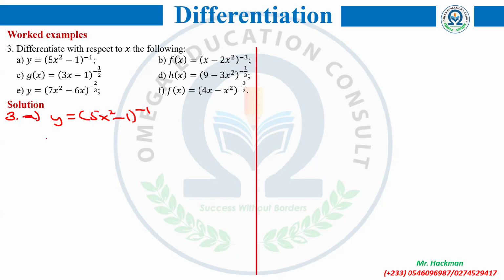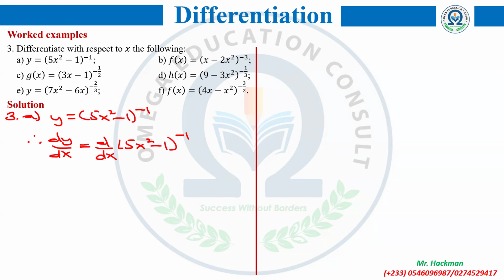Now we are finding d dx of both sides. So d dx of this side will give us dy dx, and that will be equal to d dx of 5x squared minus 1, all to the power minus 1. All correct? Yes, please.